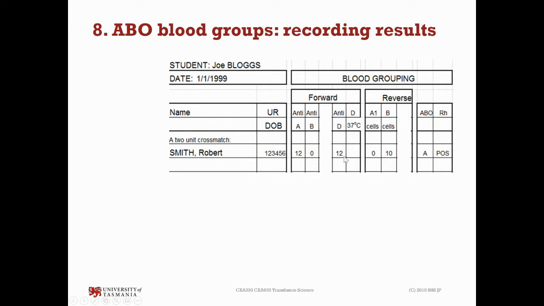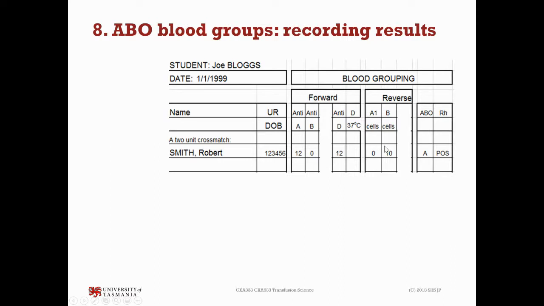So from our forward group, we can be fairly certain that we have a blood group A, RhD positive. Just as a check, we do a reverse group. This is where we mix Robert Smith's plasma with our known reagent A cells and in another tube with our known reagent B cells.